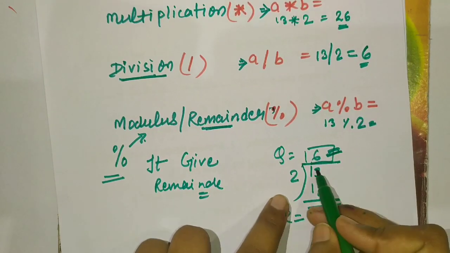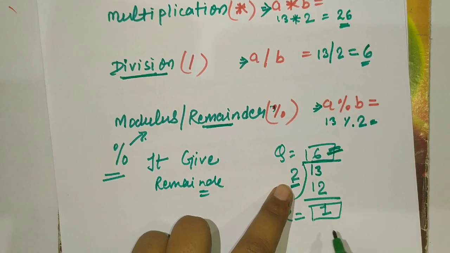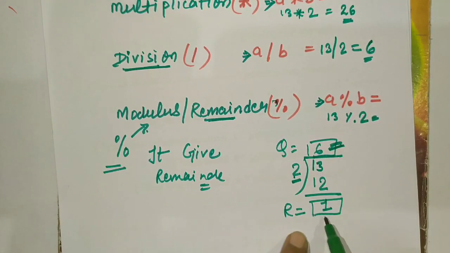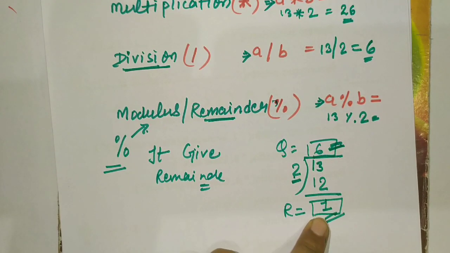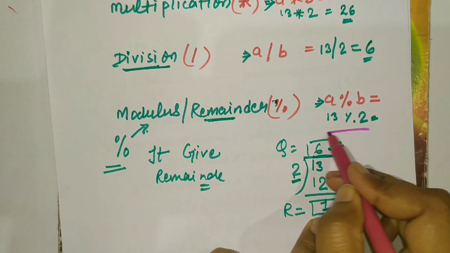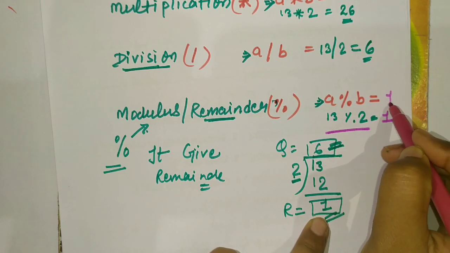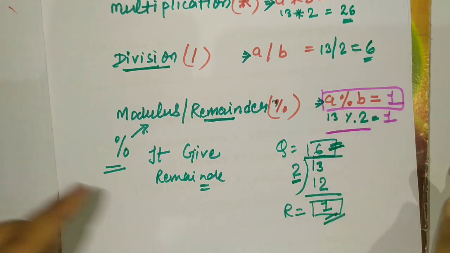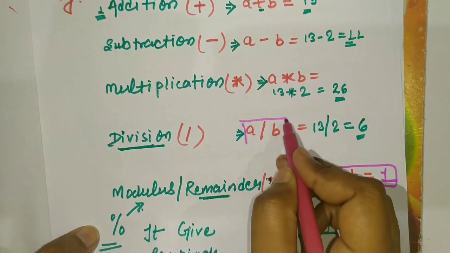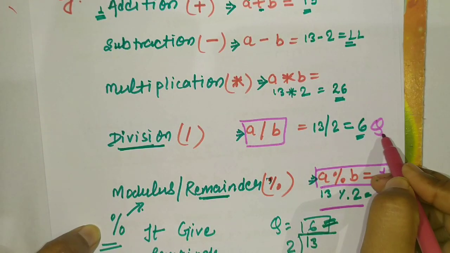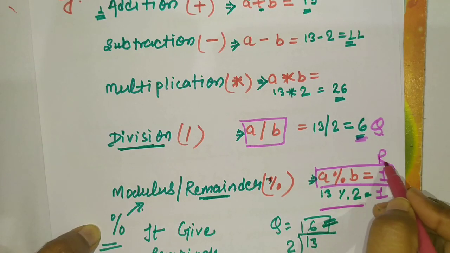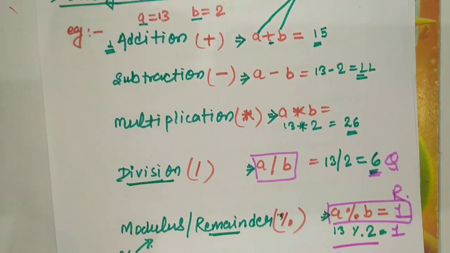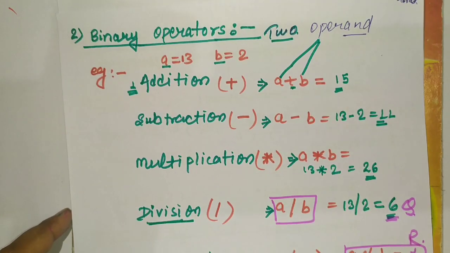We divide 13 by 2, and the remainder of this division is 1, so the output is 1. This is the difference between the modulus sign and the divide sign: division gives the quotient, modulus gives the remainder. This is an example of the binary operator and the different types of binary operator.